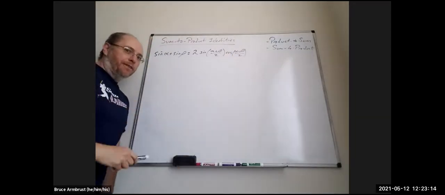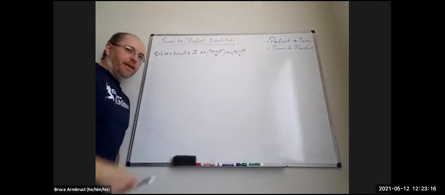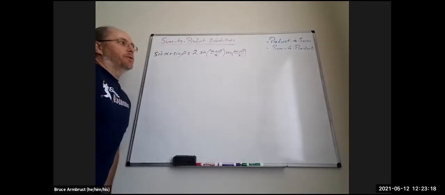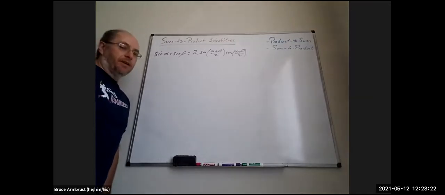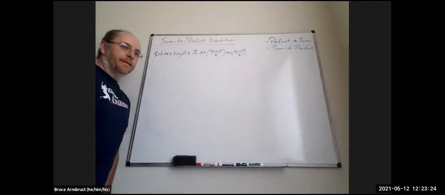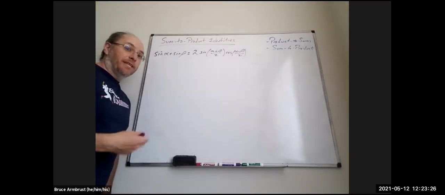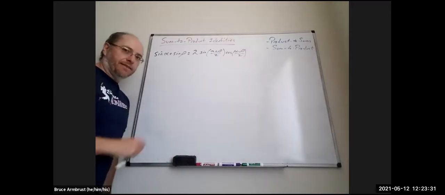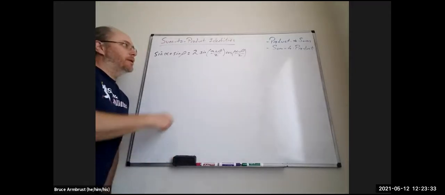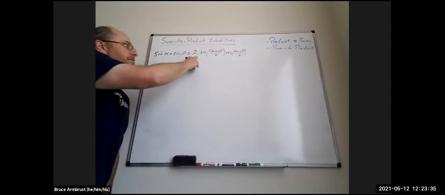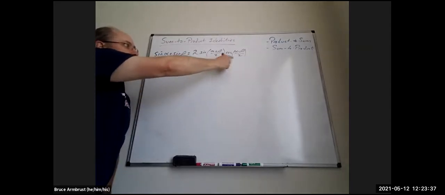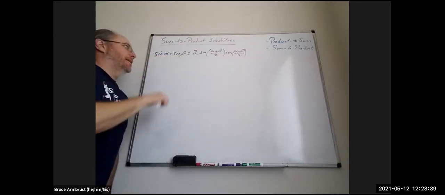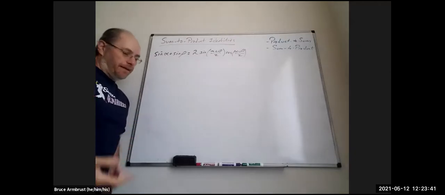If you go back and you look at the ones that I just erased, so if you had them written down, go and look at the product to sum for sine times cosine. You'll see sine times cosine was equal to 1/2. And then we had the 2 sine things that were being added. Well, that's pretty much what this is. The 1/2 comes over. We just have to change what's inside those angles because now we're just calling these things alpha and beta.